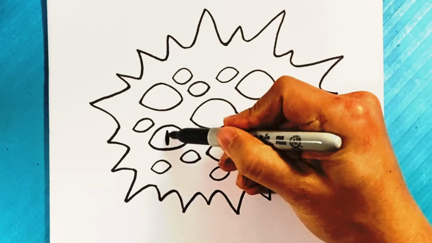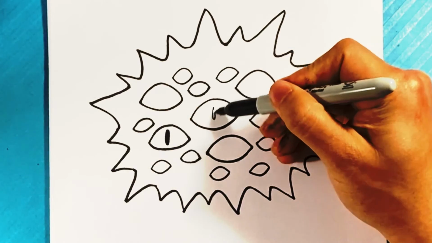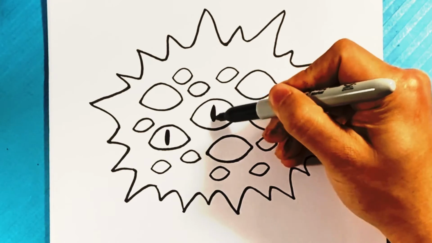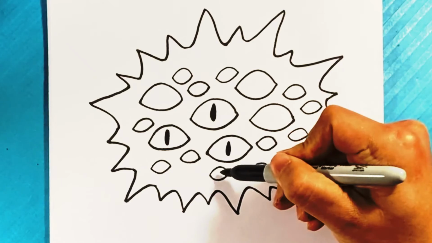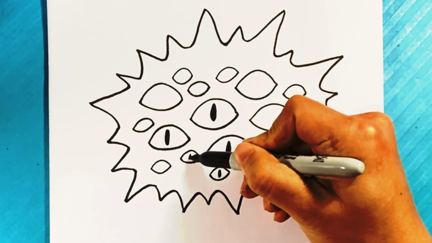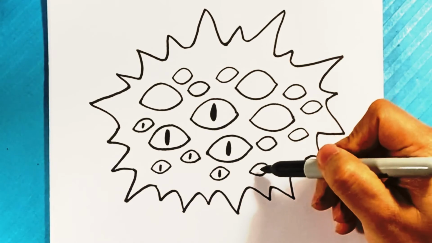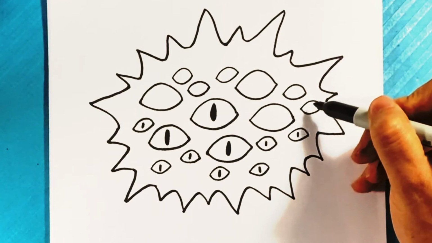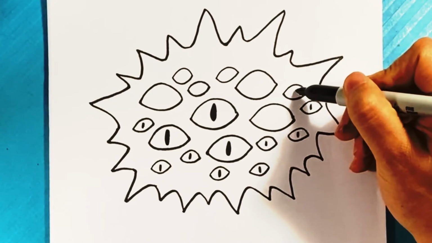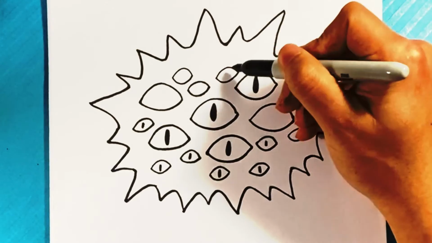Start with one pupil right there. And I'm just going to draw a long, elongated shape for that pupil. Obviously, the small ones are going to be smaller. I'm doing it this way because it's probably the easiest kind of shape to do.